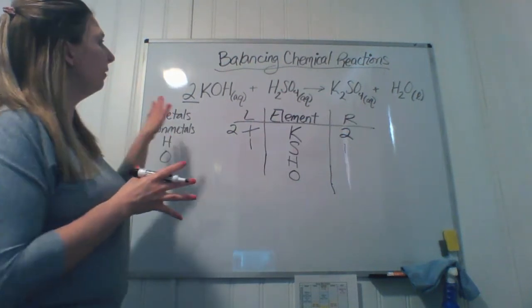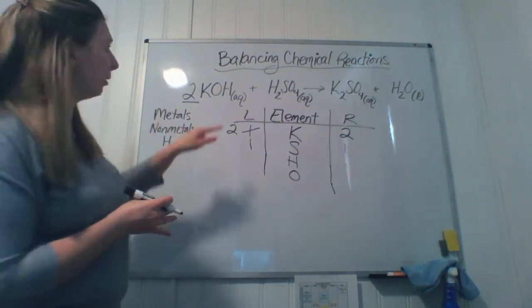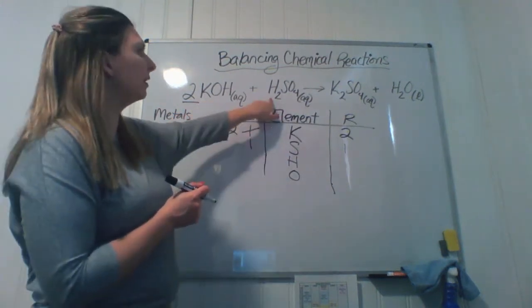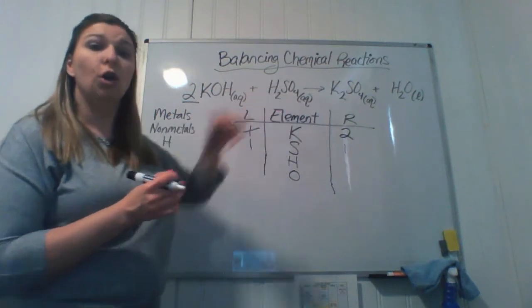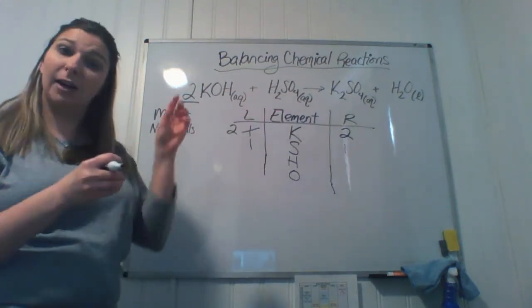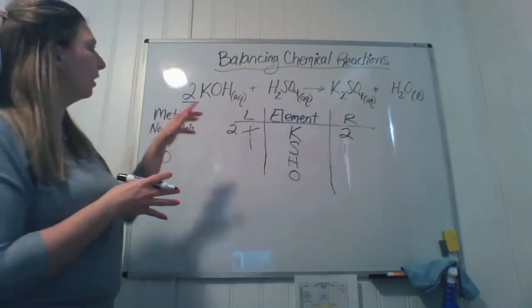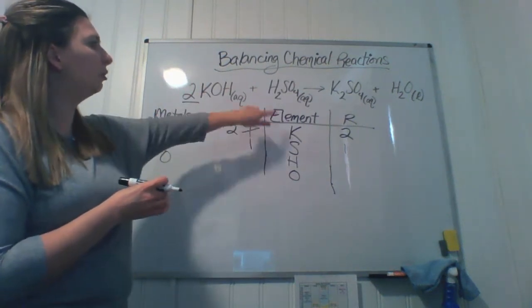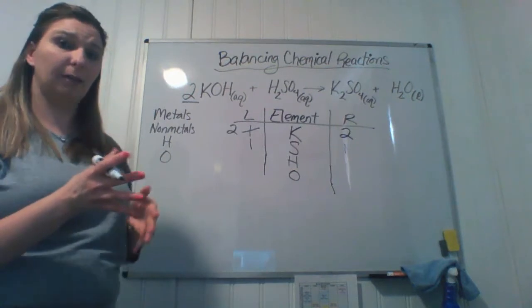Now looking on the left side, we see that hydrogen is present in the potassium hydroxide as well as in the sulfuric acid. So we need to add together the hydrogens that are within the potassium hydroxide and the hydrogens within the sulfuric acid.